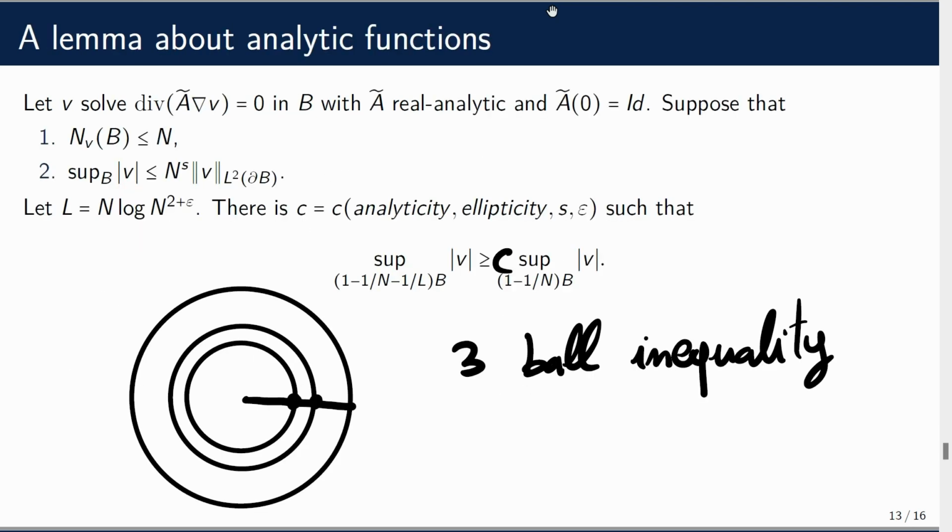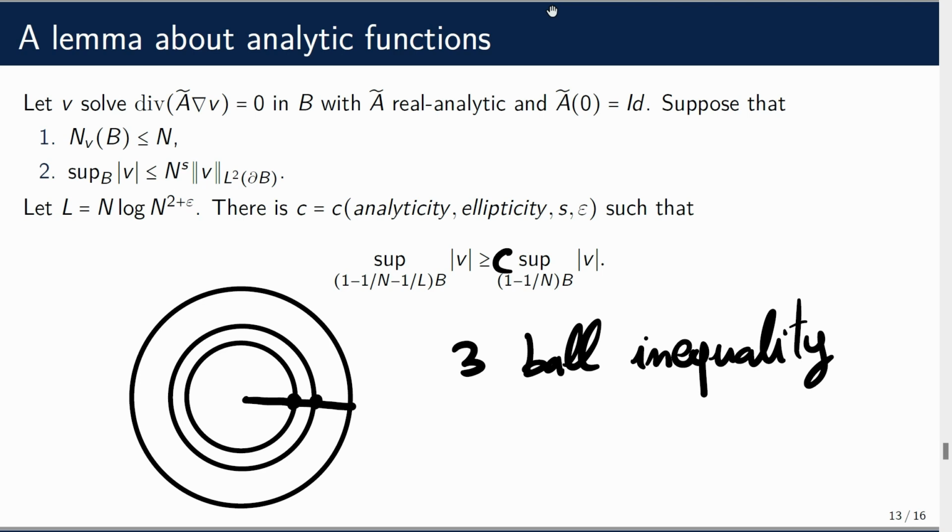Then we can use complex analysis, because we have a solution of an elliptic PDE with polynomial coefficients, in particular with real analytic coefficients, and complex analysis bails us out. We have this nice little lemma, which is a very sharp version of a three-ball inequality.